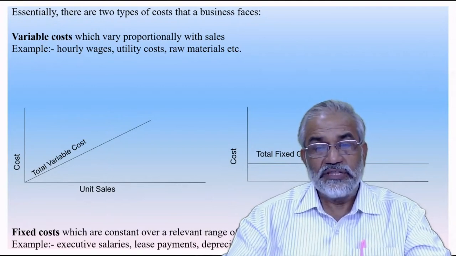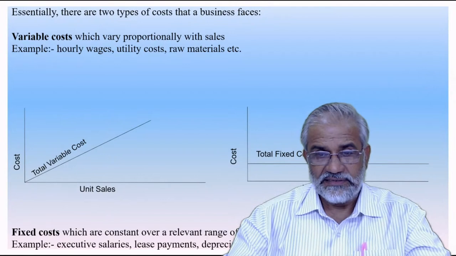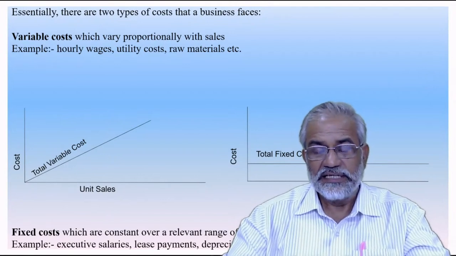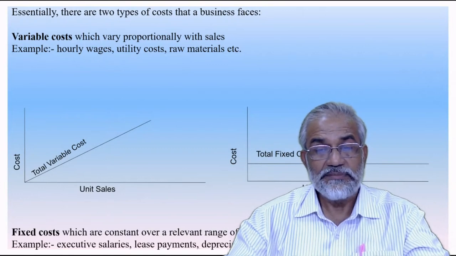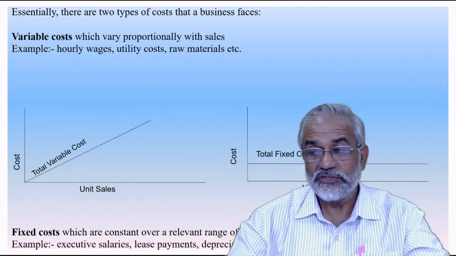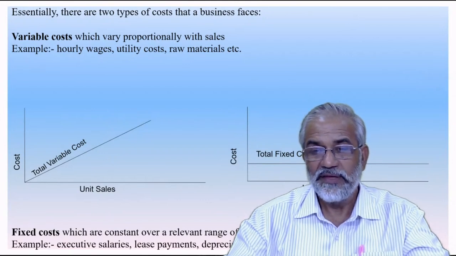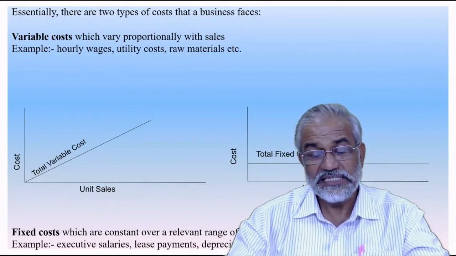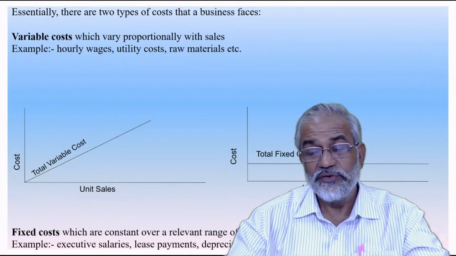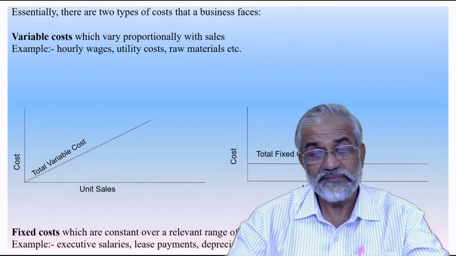And in the other graph, where the fixed cost line is established, it is just parallel to the x-axis because the cost remains constant. The totality of the cost is exactly same irrespective of the volume of production. When you are producing 1 unit, the total fixed cost remains same. When you are producing 100 units, the total fixed cost remains same.